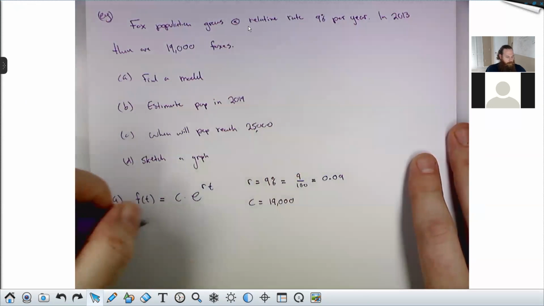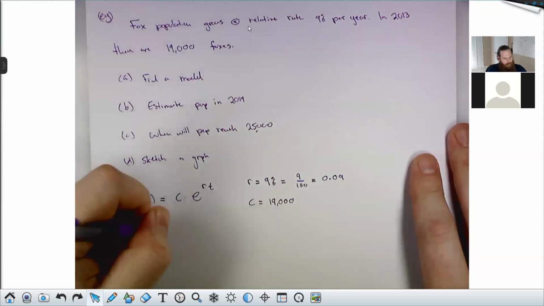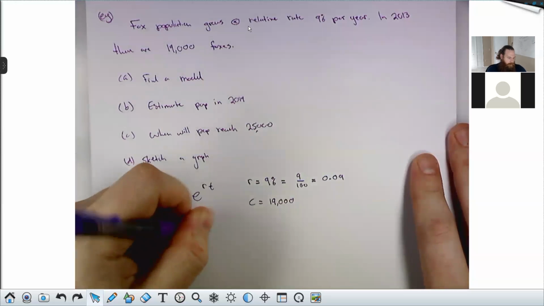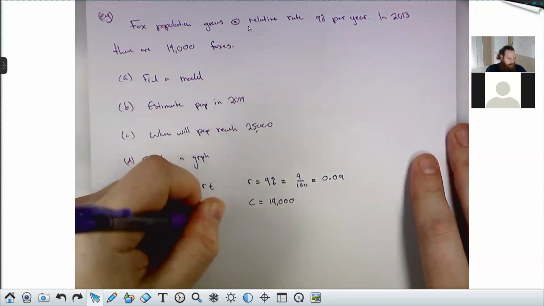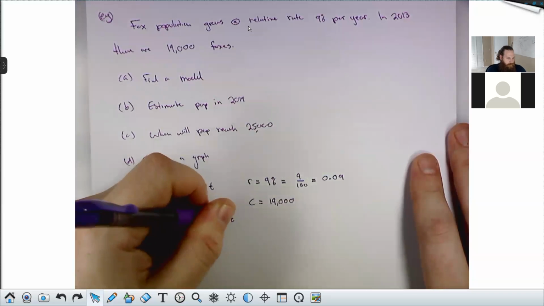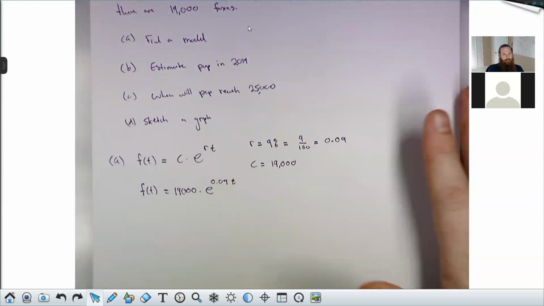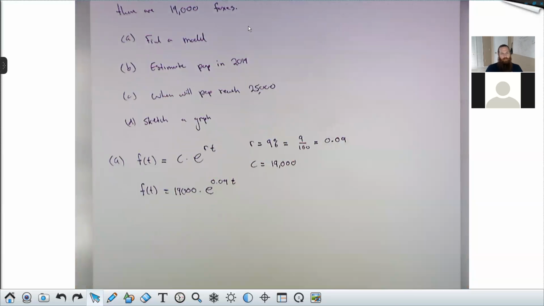So my function, which models the population t years later, is 19,000 times e to the 0.09 t. That's our model. And if I want to know how many foxes there are 10 years later, I would plug in t equals 10. If I want to know how many foxes there are 50 years later, I would plug in t equals 50.